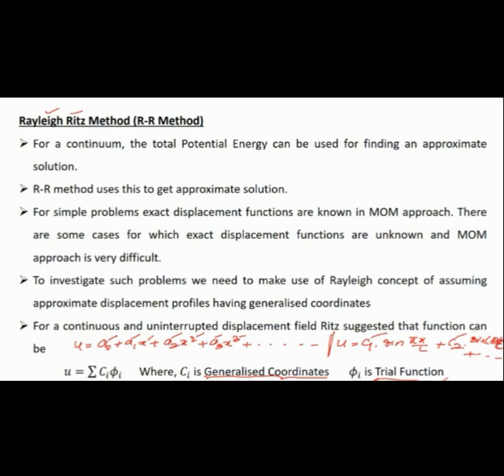Here C1, C2, C3 are taken as generalized coordinates, whereas sine pi x by L, sine 3 pi x by L, then the next term sine 5 pi x by L, these terms are taken as trial functions. So either you consider a polynomial function or a trigonometric function, it consists of generalized coordinates as well as trial functions. This is the concept of Rayleigh's method.